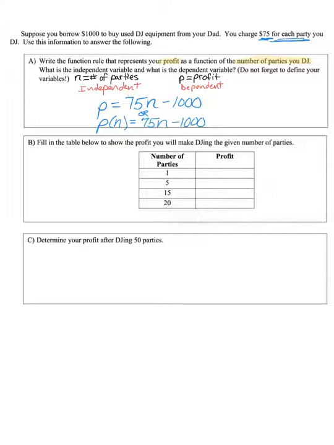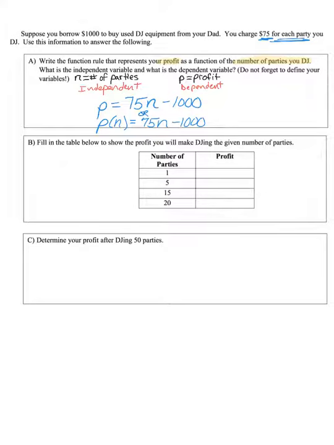So from there, we are going to go through and plug in each of these numbers in order to find out how much money we make, or what our profit would be. And again, we expect some of the values could possibly come out negative because we know we have to pay back that $1,000 to our dad, and that's not going to happen with just one party being DJ'd.